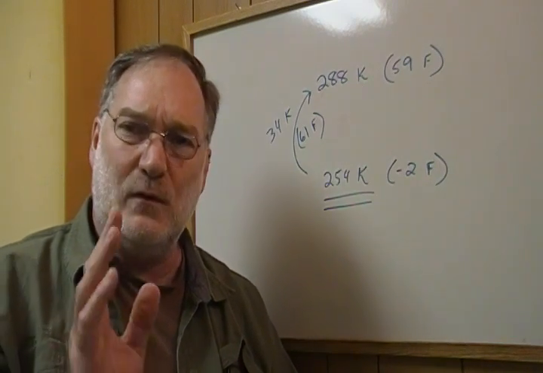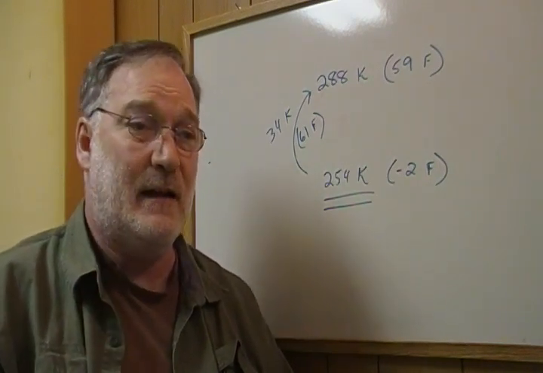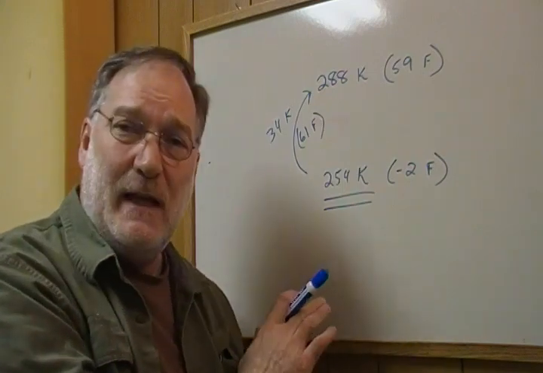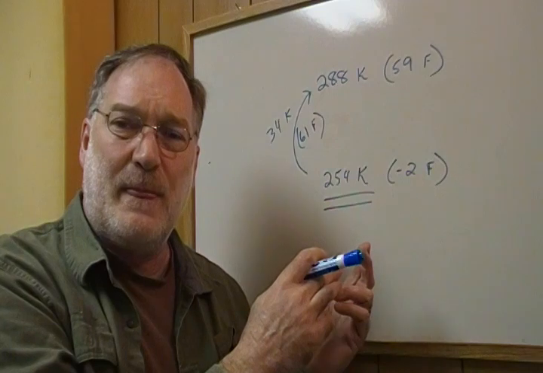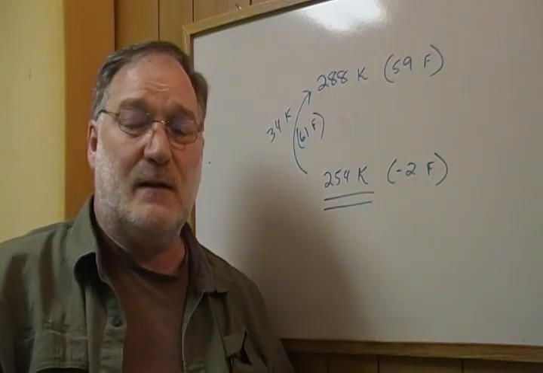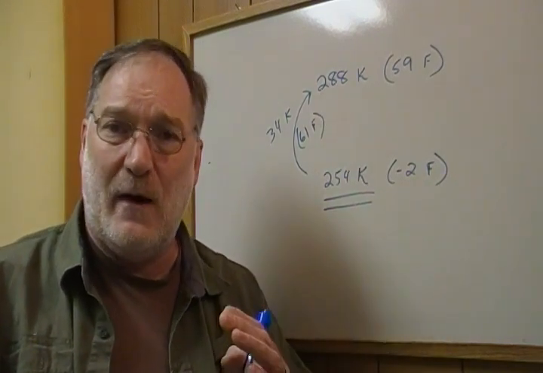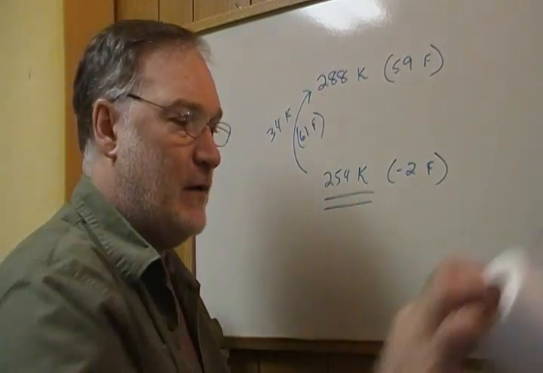The mathematical reason why you cannot take average radiation and come up with average surface temperature is that radiation is a fourth power of temperature. So here's the formula for that.